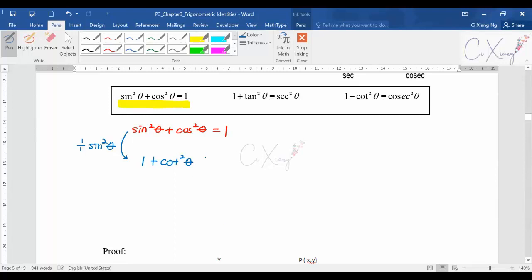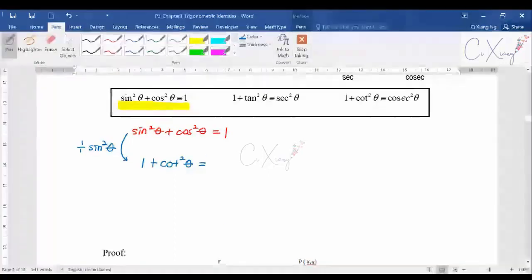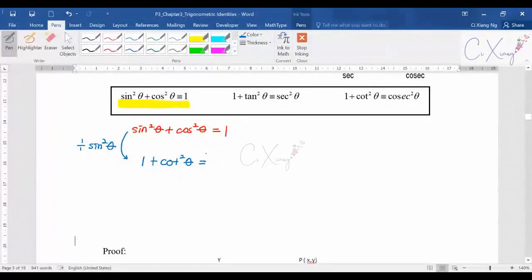After that, the equal sign, 1 divided by sine square. 1 over sine is cosecant, therefore 1 over sine square becomes cosecant square theta. So this is the third identity for the Pythagorean identity set. This is how I memorize it, though of course there are a lot of different ways.